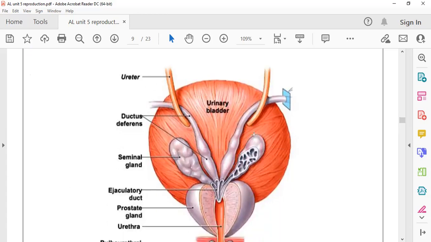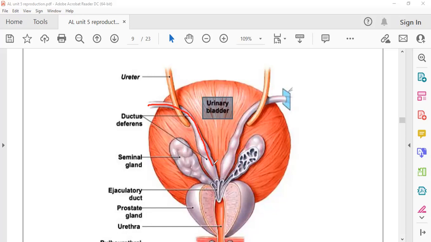Can you see the urinary bladder here? Yes, sir. Can you notice the vas deferens? The vas deferens is coming here. Can you see?